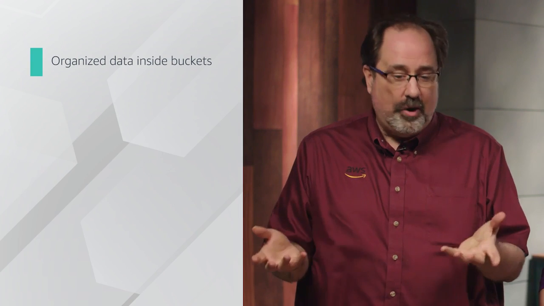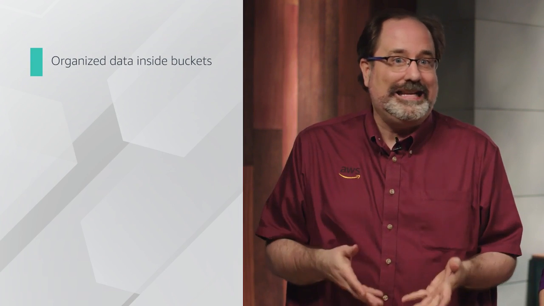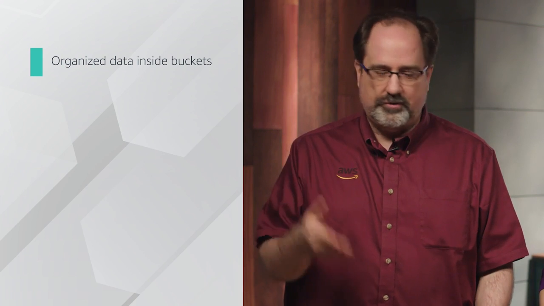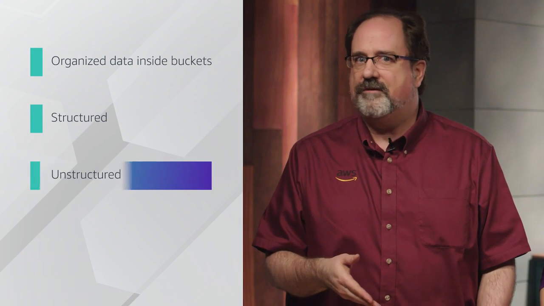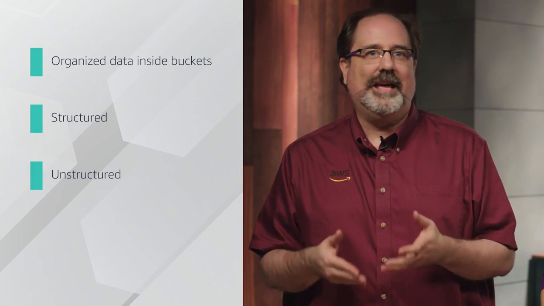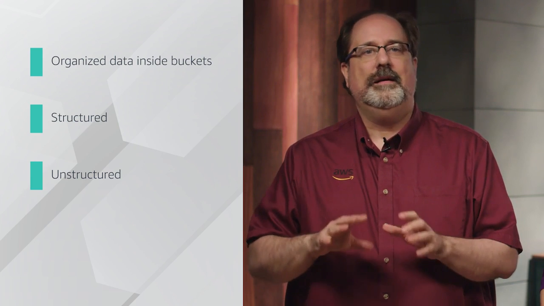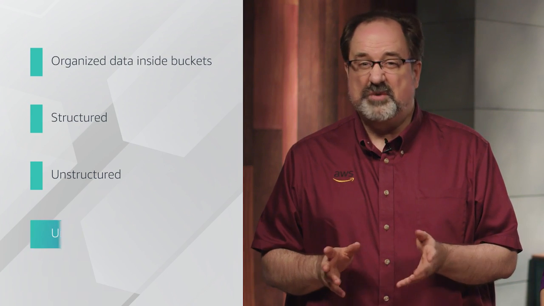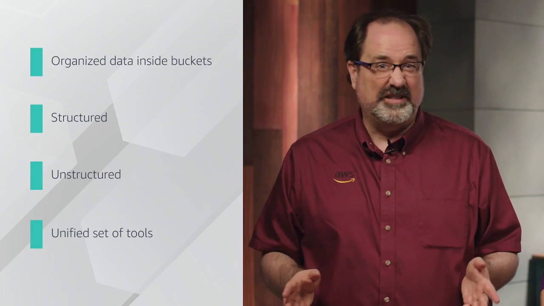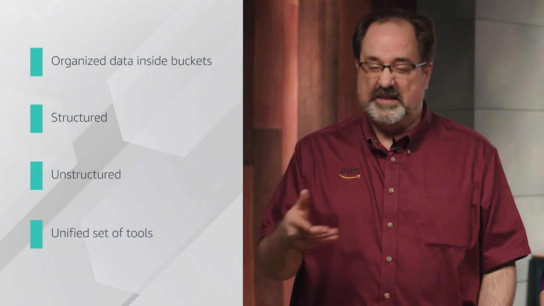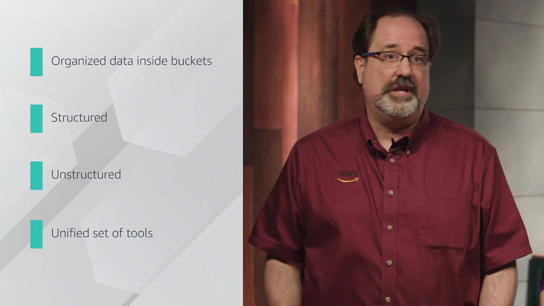It doesn't matter how the data got there or even what kind it is. You can store both structured and unstructured data effectively in an Amazon S3 data lake. AWS offers a set of tools to manage the entire data lake without treating each bucket as separate, unassociated objects.